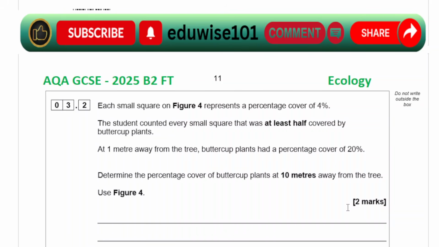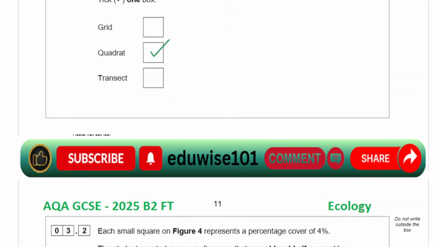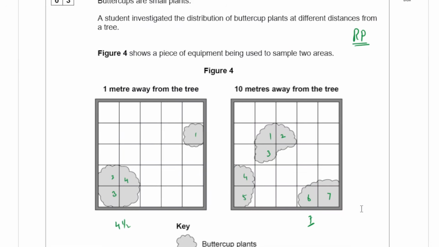So now, the student counted every small square that was at least half covered. So we counted 7 here because I've just counted which is more than half. I didn't count this part, and so I didn't count this box and neither these boxes. So there were 7 boxes.